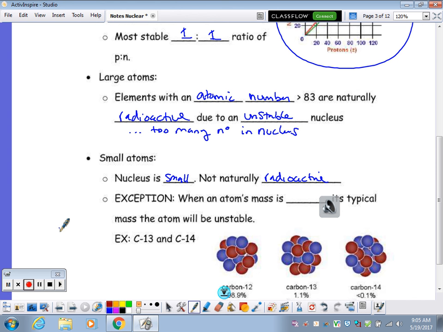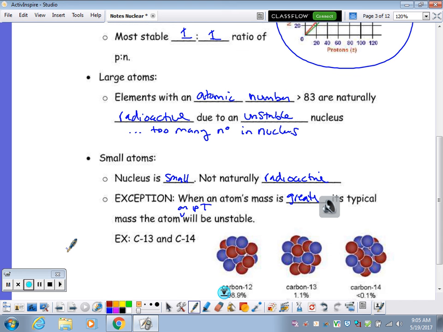When an atom's mass is greater than its typical mass as shown on the periodic table, when that mass becomes too great, then it becomes unstable.